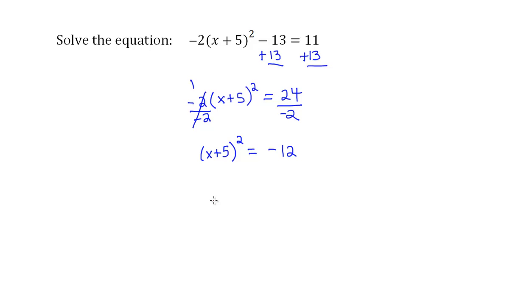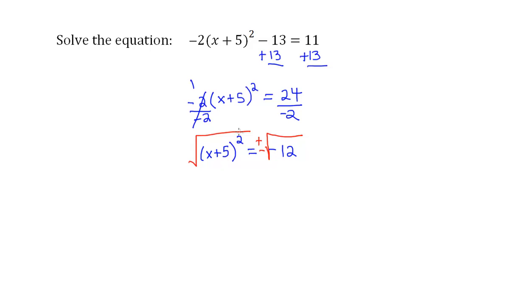As we go through and use the square root property, let's keep this in mind. We're going to take the square root on both sides so we can get rid of this power of 2. So let's take the square root on the left side and the square root on the right side, remembering, of course, that there are actually both positive and negative square roots that make this equation true.